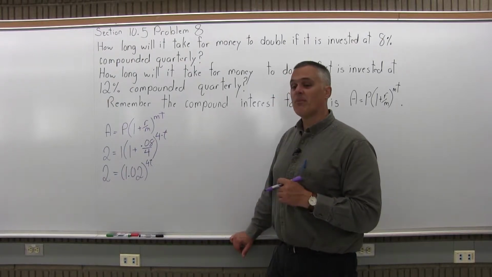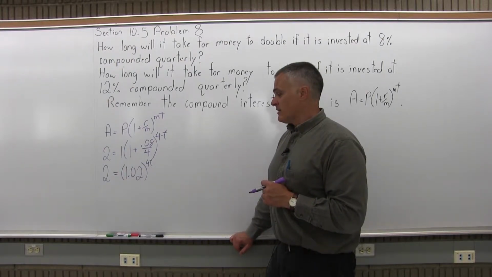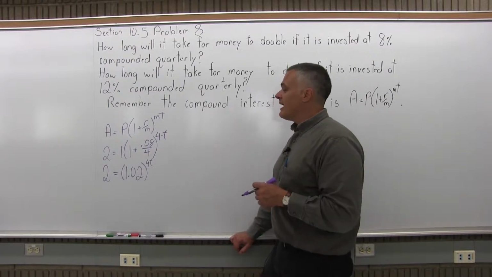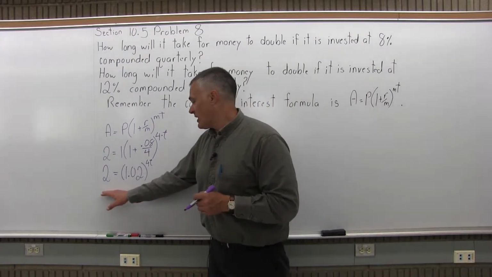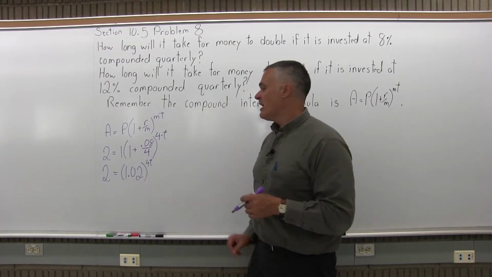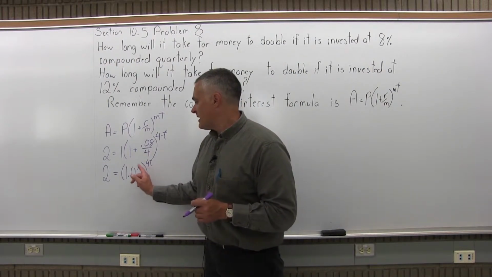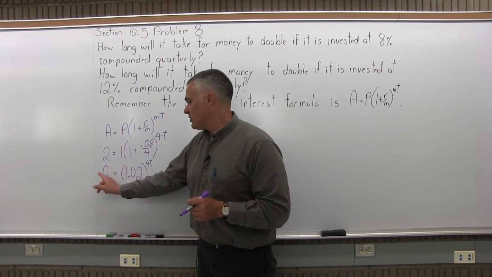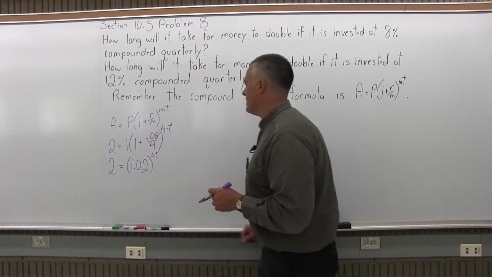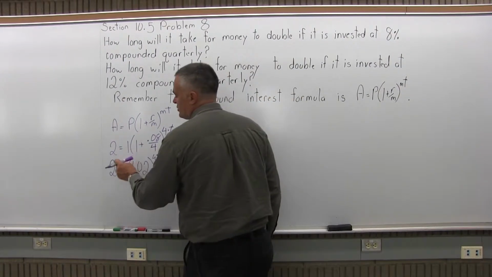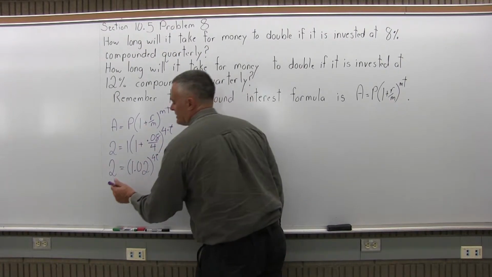at 8% compounded quarterly. Well, I would like to write this as a log, and usually I do that Benny trick. And when I do, the base and the exponent is on the left side of my equals, and the number is on the right side. So let me just write 2 equals 1.02 to the 4t in the other order.